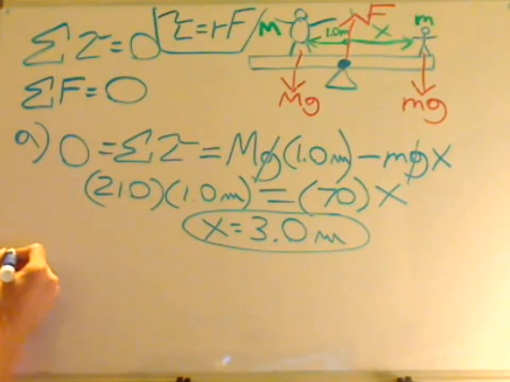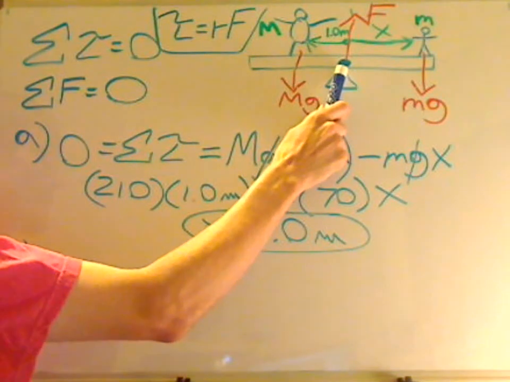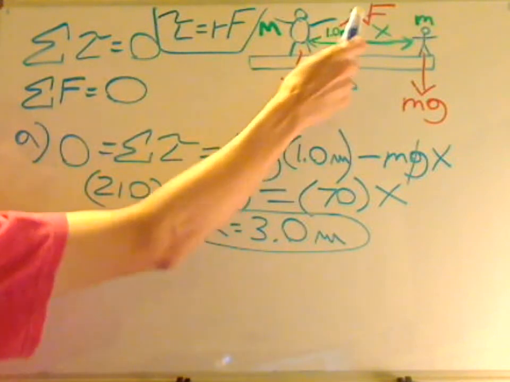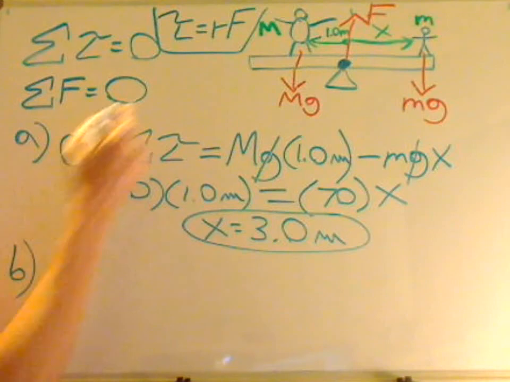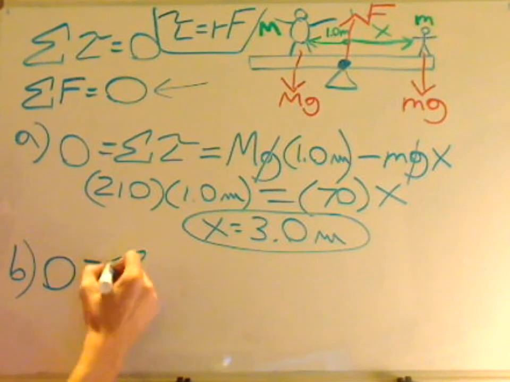Now part B asks us to calculate the force applied at the point of contact on the pivot point, this force F in other words. And to answer this question, we're going to apply our second equilibrium condition. So our net force has to add up to 0.